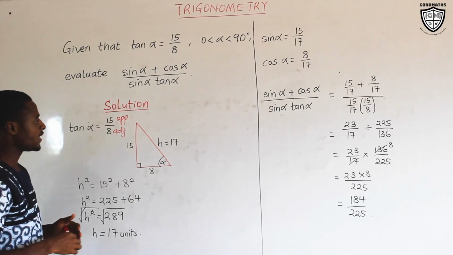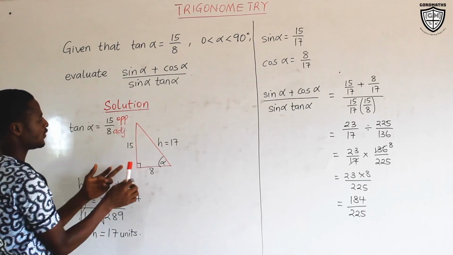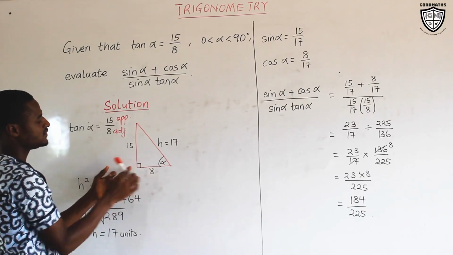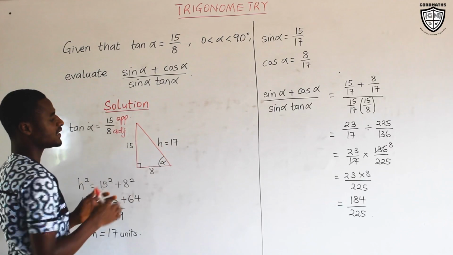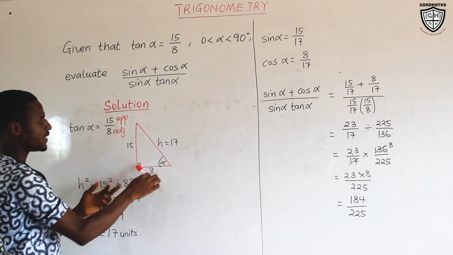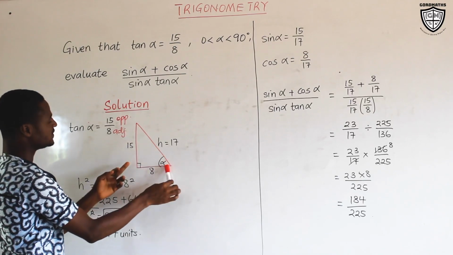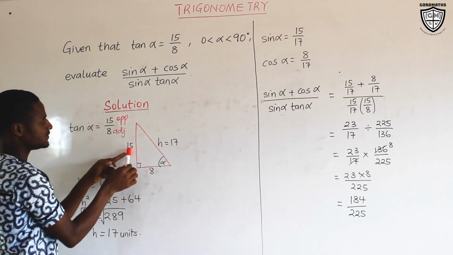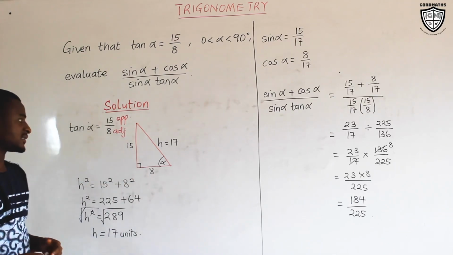And so, we are able to represent this on a diagram where we have 90 degrees in a right angle triangle. The side facing 90 degrees is called the hypotenuse. Then the side which faces the given angle alpha is the opposite, 15, and then the other side is the adjacent.